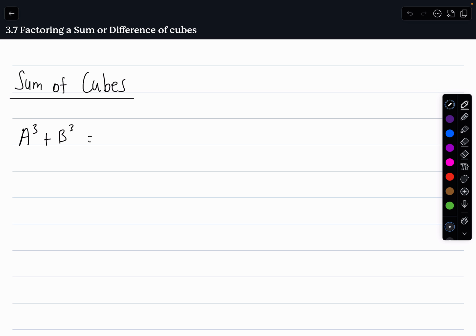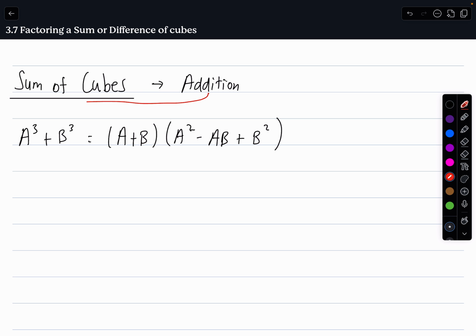And the formula for this is, if we factor this, it's going to look like this: a plus b, a squared minus ab plus b squared. Okay, so this is the sum of cubes. Remember, sum refers to the addition of cubes, so sum is addition, hence that's where the addition sign comes from.